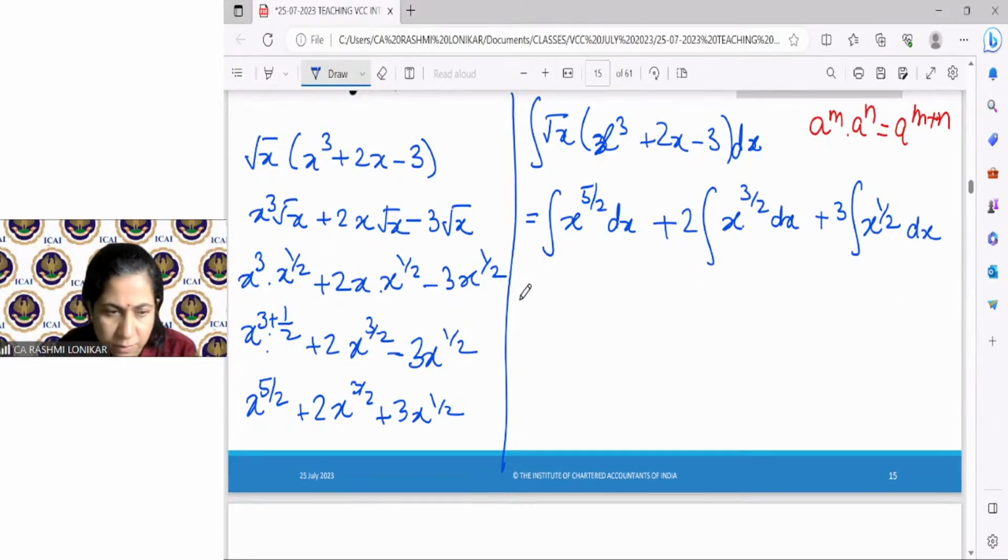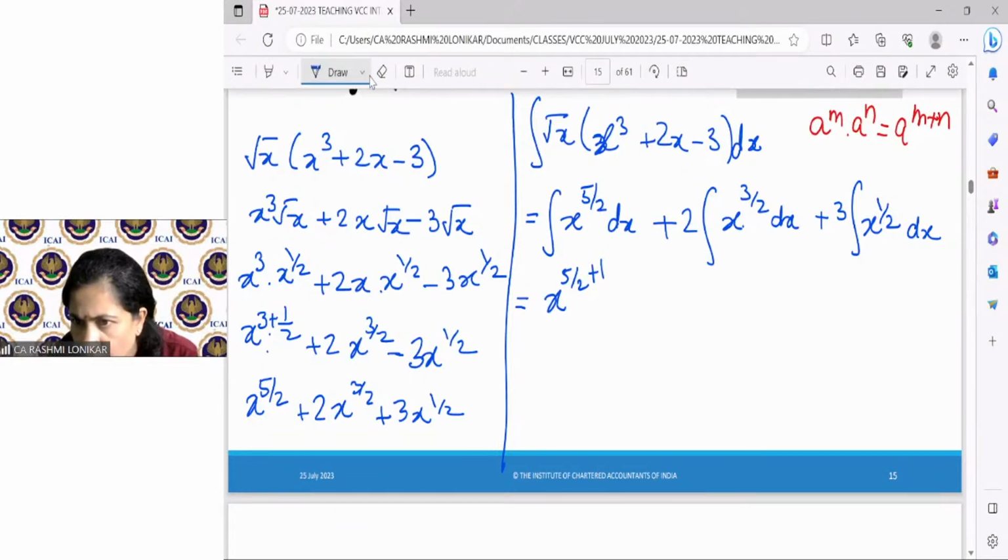So this will become x raised to 5 by 2 plus 1. Oh no, this is 7 by 2. 3 plus half is what? 3 plus half is 7 upon 2.